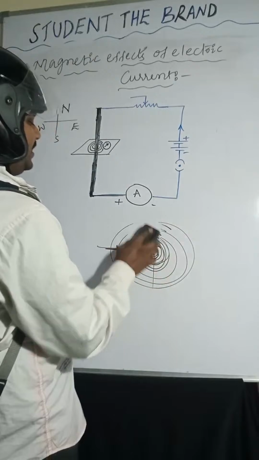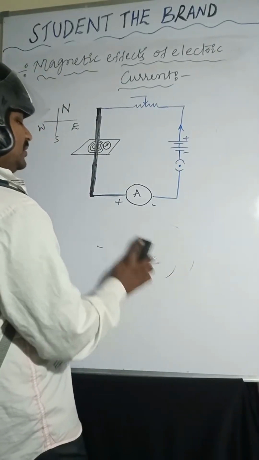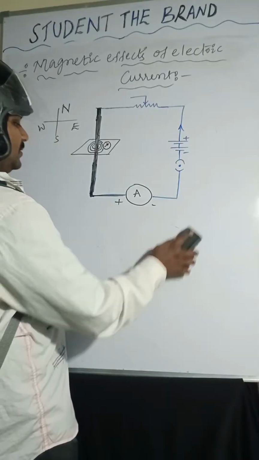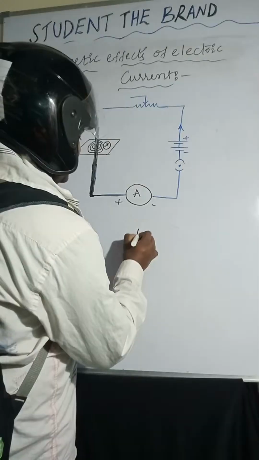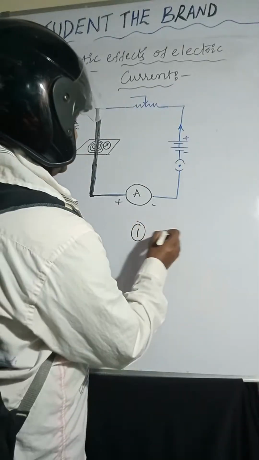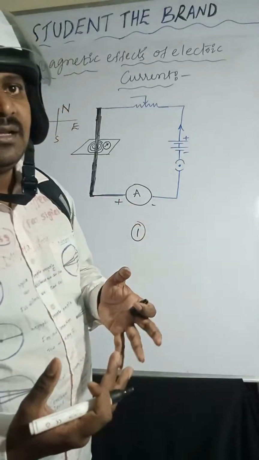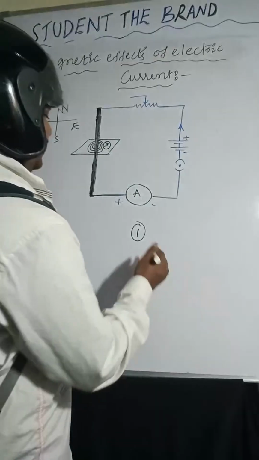Now you can observe the two points I'll explain. Point number one: if the current is passing through the conductor, it acts as a magnet. It behaves as a magnet, so it produces a magnetic field around it.